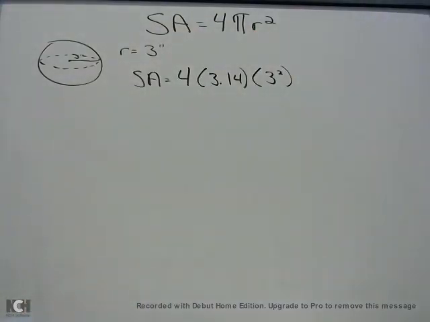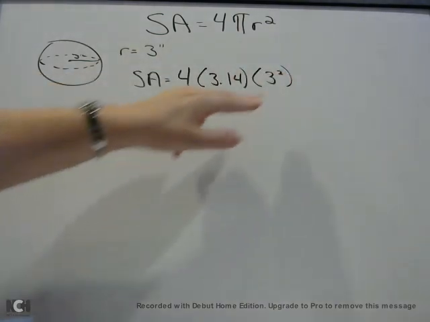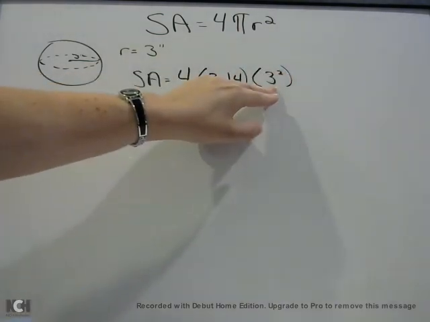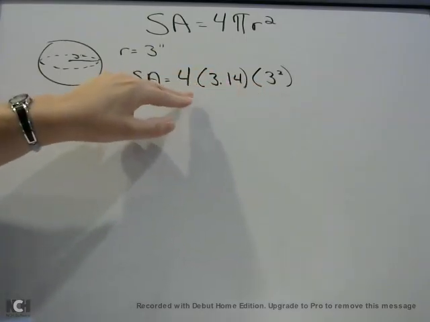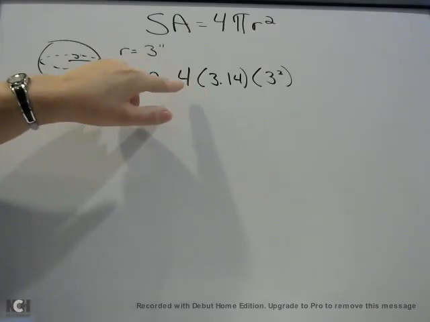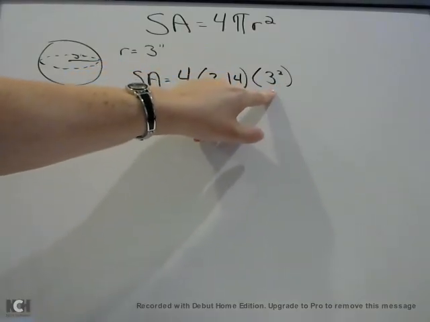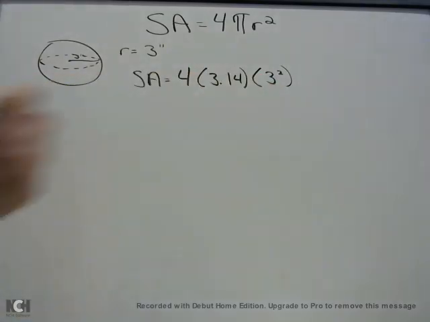Now you should know your order of operations, and so you should know that you have to do the exponent first. So you're going to do 3 squared first before you do the multiplication. Remember, when you write things with parentheses, that just means multiplication. So here we have 4 times 3.14 times 3 squared. What is 3 squared? 3 squared is 3 times 3.